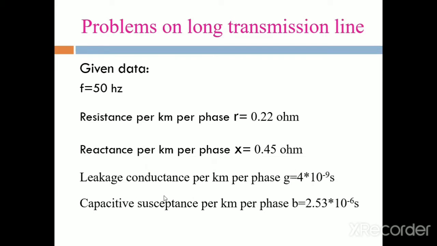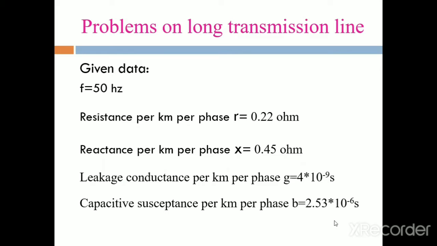Next is the leakage conductance per kilometer per phase, that is G, which is equal to 4 into 10 power minus 9 Siemens. Next is the capacitive susceptance per kilometer per phase, that is B, which is equal to 2.53 into 10 power minus 6 Siemens.